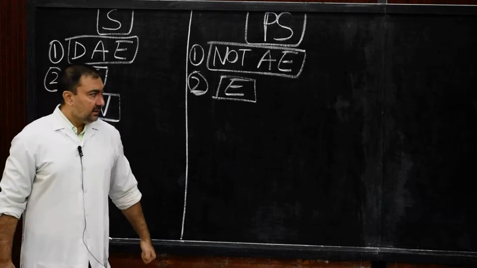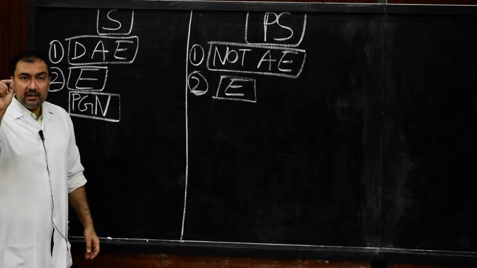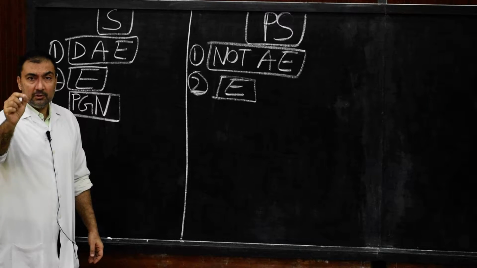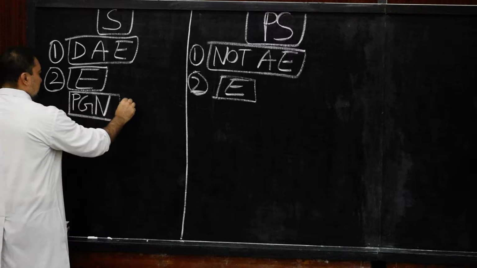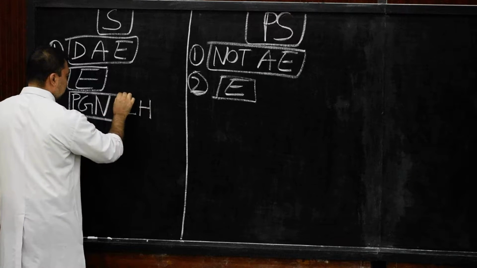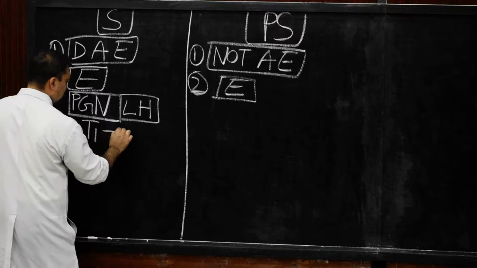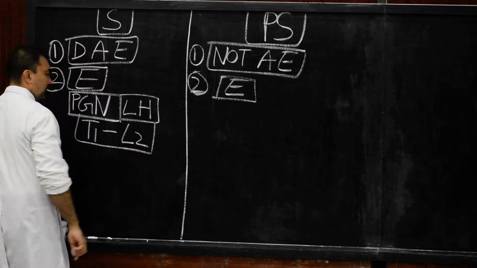Where are they located? They are located in the lateral horn cells of T1 till L2 spinal cord. So, in the lateral horn cells, this is very important, T1 till L2 level.